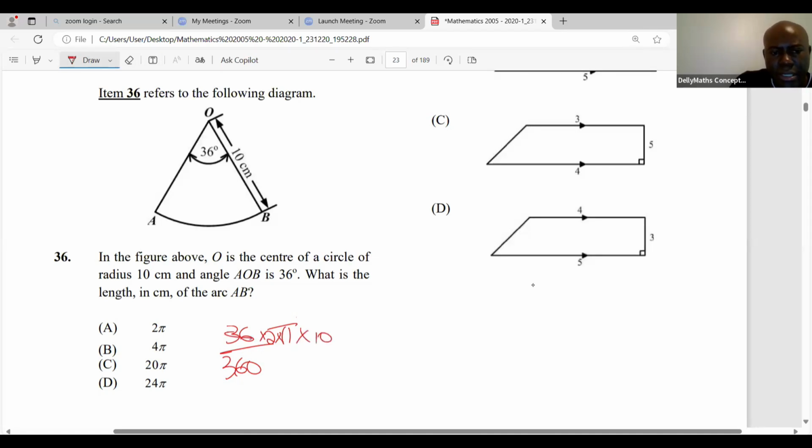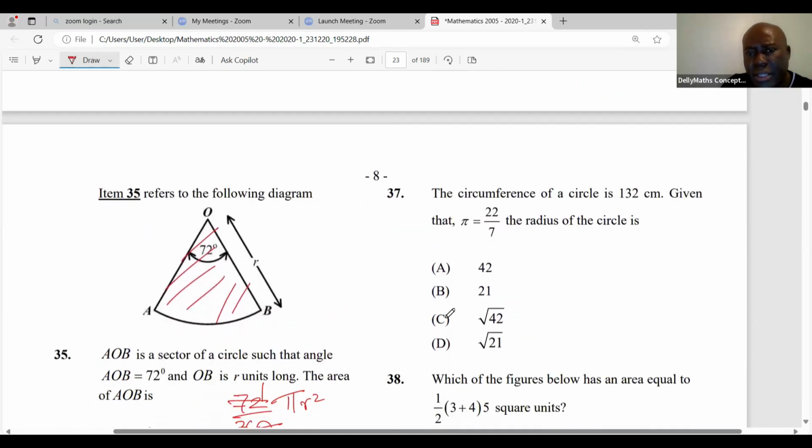And then you work this out. This into this one, this into this one, and then this into this one. So the answer is 2 pi. The answer is A at 36.